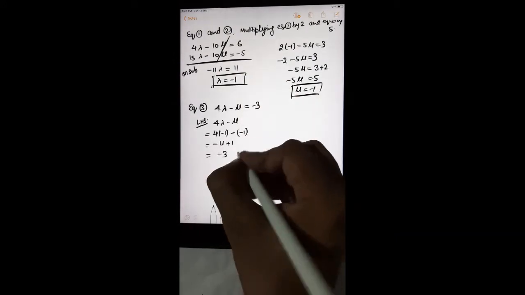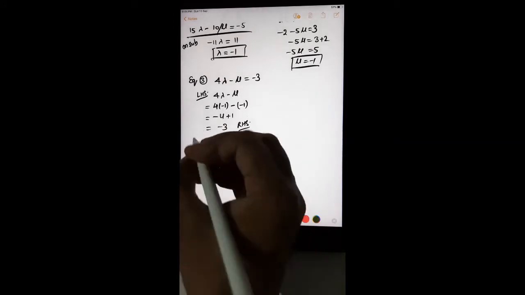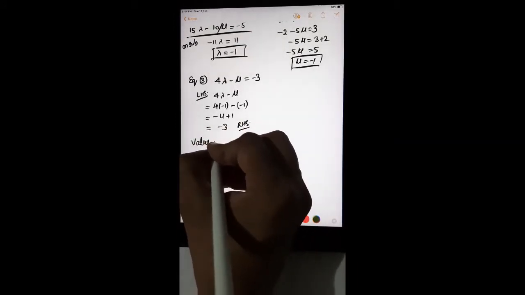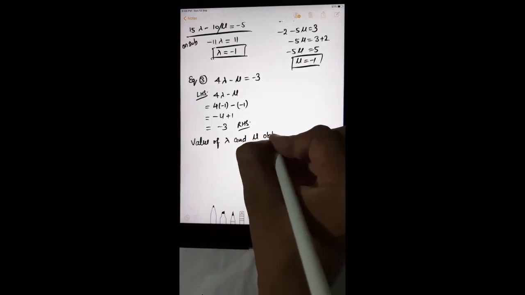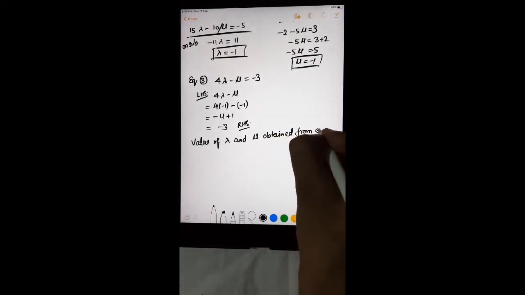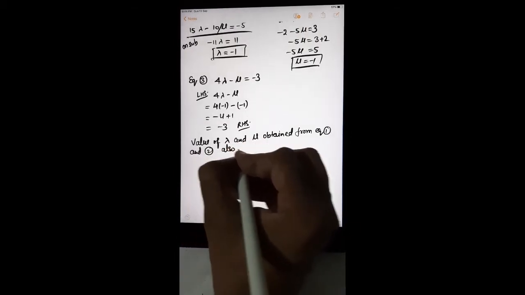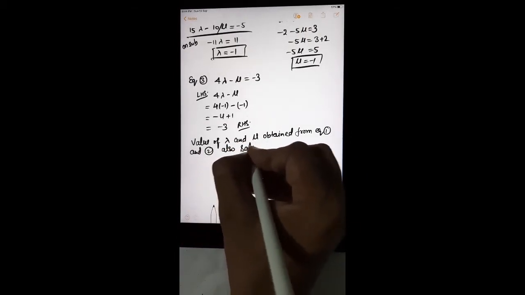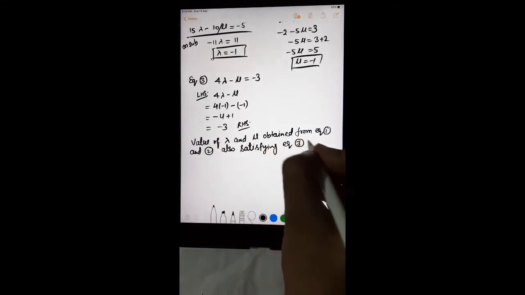That is equal to the right hand side. It means the value of lambda and mu obtained from equations 1 and 2 also satisfies equation 3. So the value of lambda and mu obtained from equations 1 and 2 also satisfies equation 3.